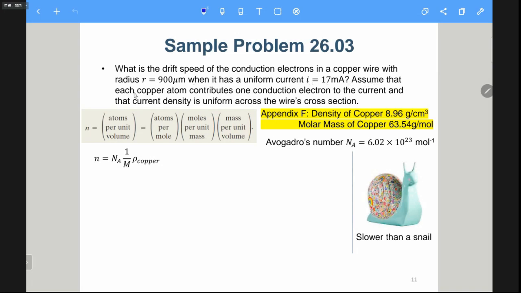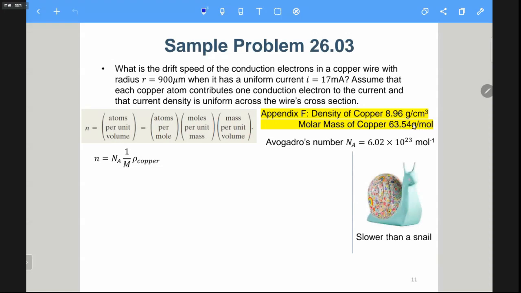Assume that each copper atom contributes 1 conduction electron to the current, and that current density is uniform across the wire cross section. So in the appendix, we need some values: the density of copper, in grams per cm cubed, and the molar mass of copper, 63.54 grams per mole.